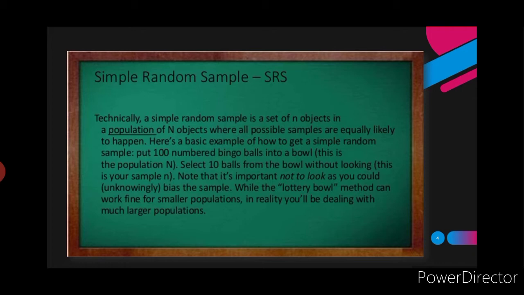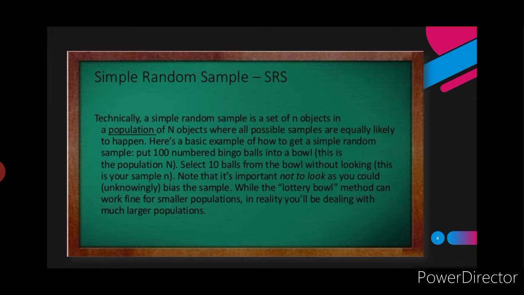Technically, a random sample is a set of objects in a population of N objects where all possible samples are equally likely to happen. Sa simple random, explainable siya because it is random sample. Random ra ka mo-kuha og sample sa imong mga respondents.